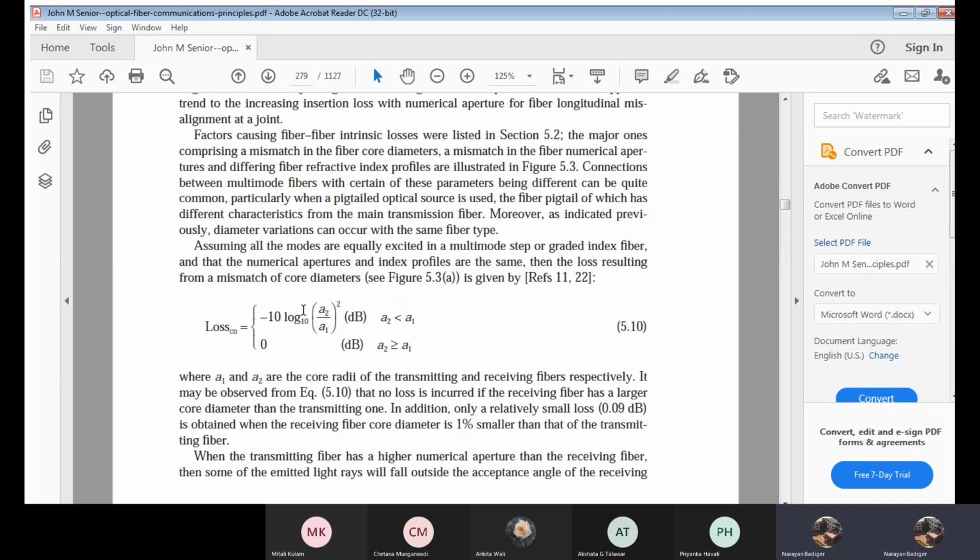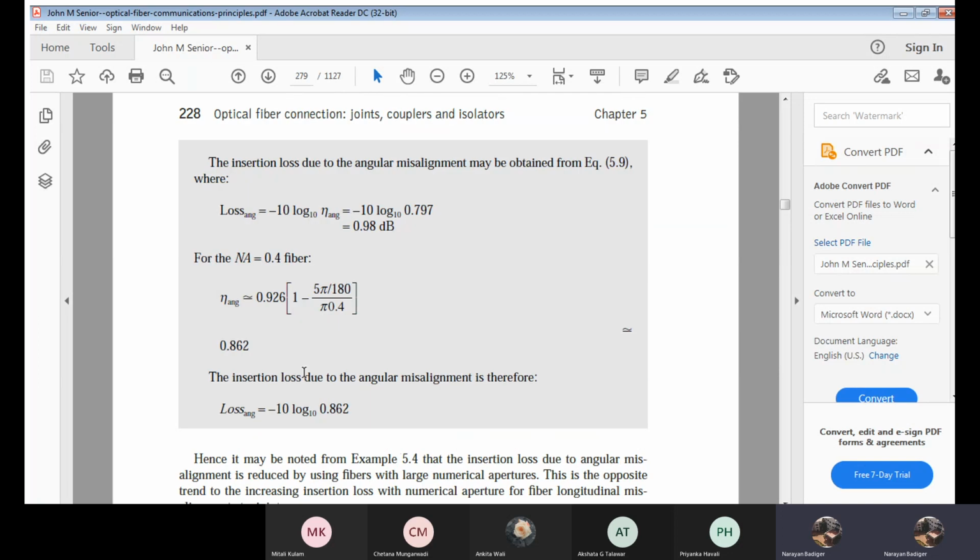If the diameter of the receiving fiber is more than or equal to the diameter of the transmitting fiber, then the loss will be 0. Almost the loss will be 0. This is with respect to the losses.